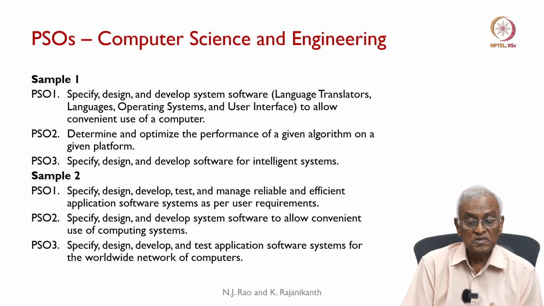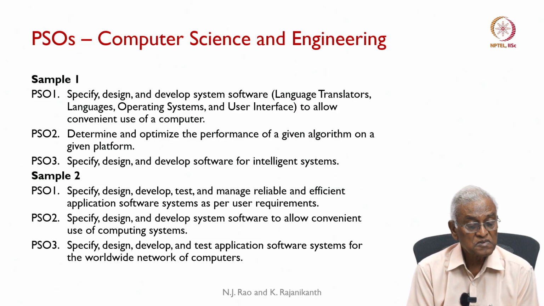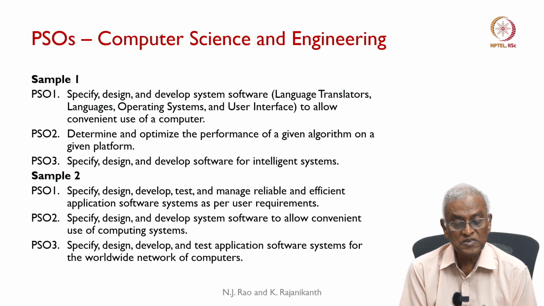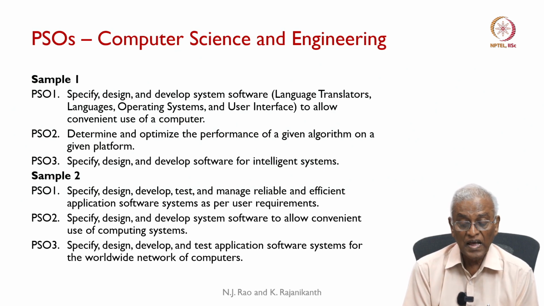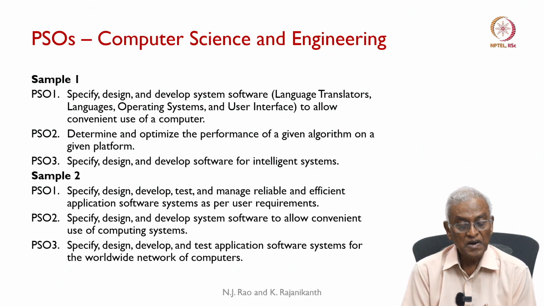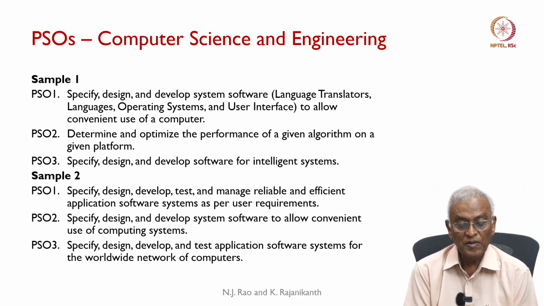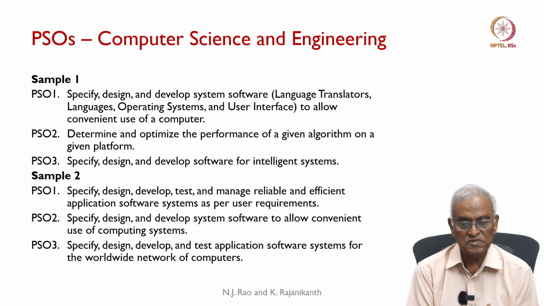Similarly, for computer science and engineering, two different samples. First one, specify, design, develop system software, language translators, languages, operating systems, user interface to allow convenient use of computers. Determine and optimize the performance of a given algorithm on a given platform. Specify, design and develop software for intelligent systems.